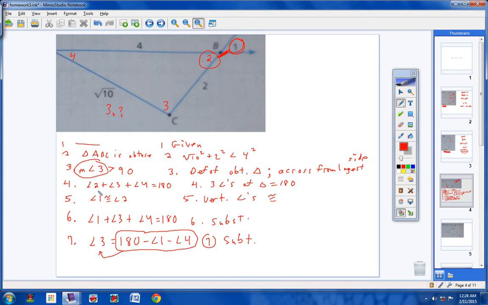Well, the answer is I can. That's called substitution. So I'm going to pick this up here and put it in for this up here. So now I have 180 minus the measure of angle 1 minus the measure of angle 4. I put all that in for this is greater than 90. That's substitution.